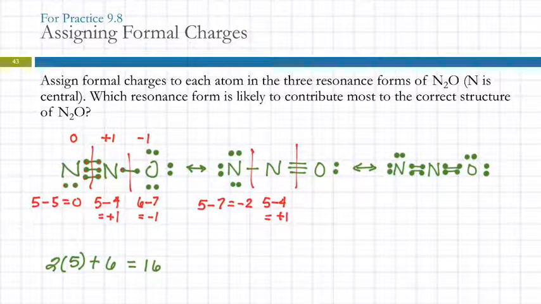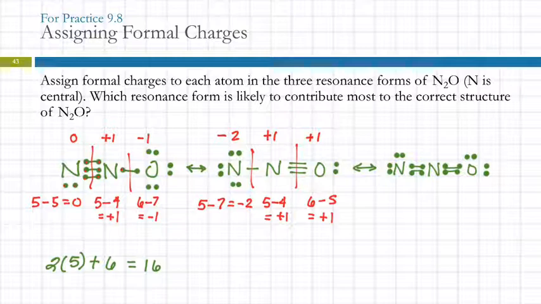And the oxygen brought 6 and is leaving with 5. So that's plus 1. So we've got minus 2, plus 1, and plus 1. Check that those add up to the overall charge. Overall charge is neutral. Those should add up to 0. If you screw up, it's not going to add up, and that'll alert you that you need to fix something.